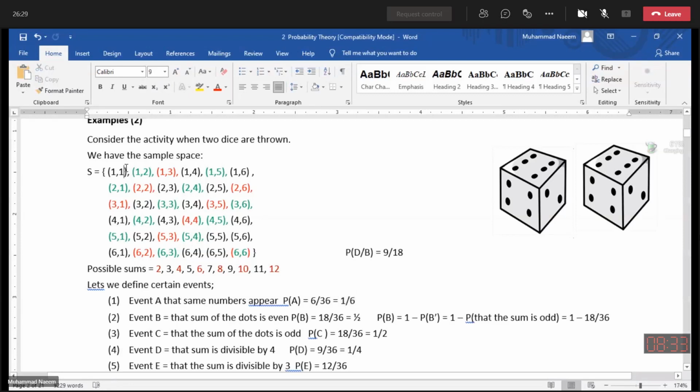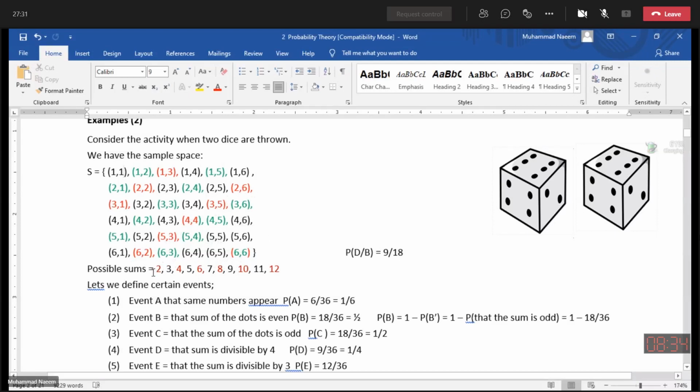So on this cross diagonal, 1 1, 1 3, 2 2, 3 1, and this one 1 5, 2 4, 3 3, 4 2, 5 1, then 2 6, 4 4, 3 5, 4 6, 5 5, 6 4, and 6 6. These dots are giving an even sum.